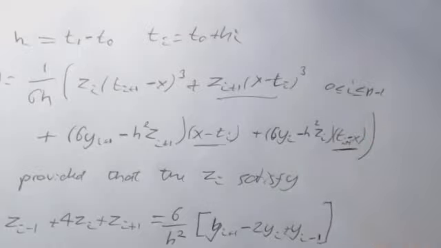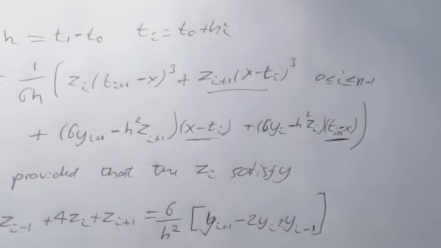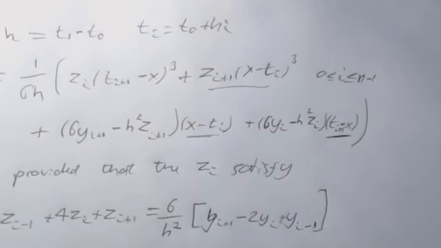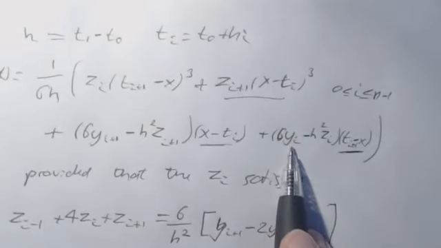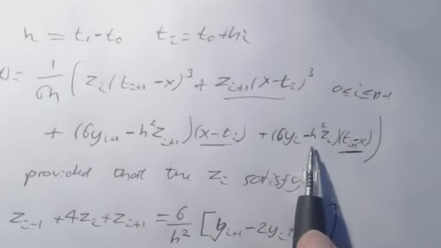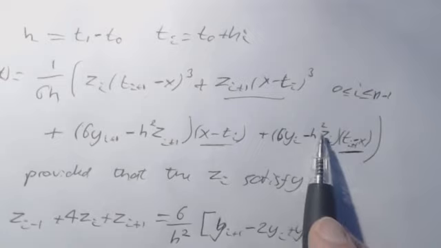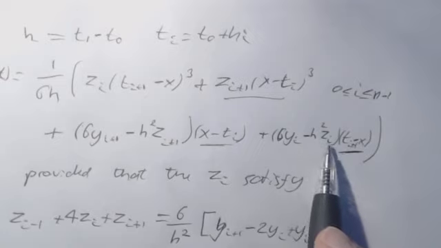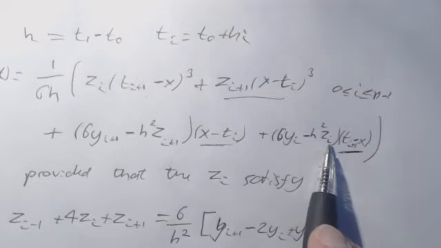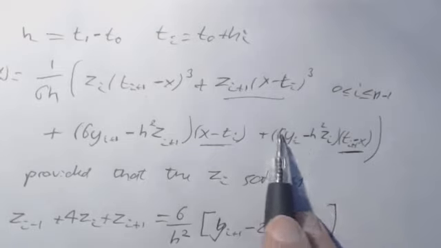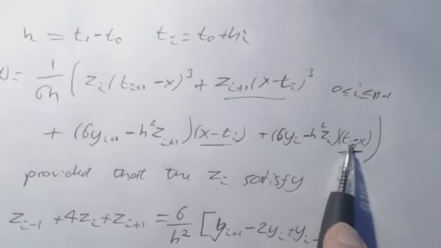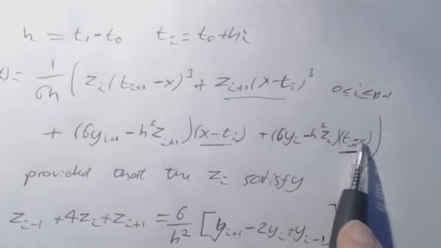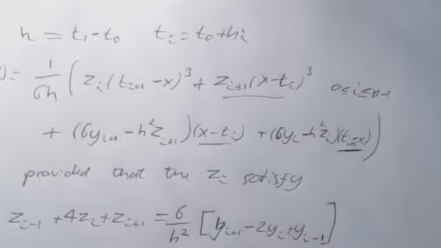So therefore I also need to have the term 6y_i minus h squared z_i, times (t_{i+1} minus t_i), so that's going to be h as well.